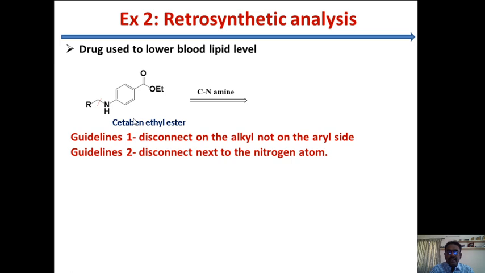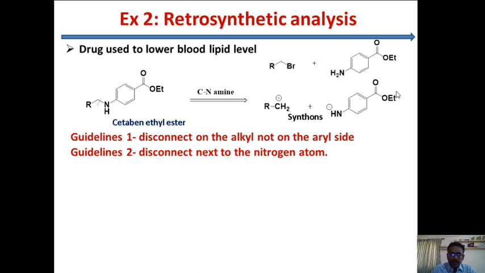If you disconnect that bond, you will end up with these synthons, this electrophile and nucleophile. Now that you know the synthons, you have to look for the synthetic equivalent for those synthons. Whenever you have a cation, you can simply have an easily leaving group like bromine.